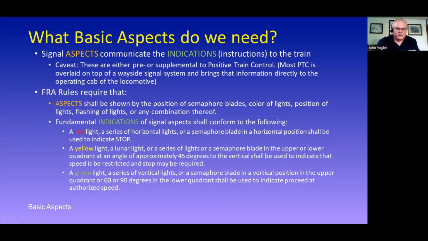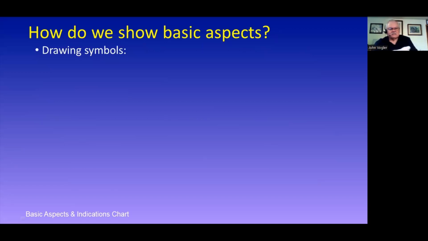And a green light, or a series of vertical lights, or a semaphore blade in a vertical position in the upper quadrant, or 60 to 90 in the lower quadrant, shall be used to indicate proceed at authorized speed. So you can't really deviate from these. If you do, it would require an exception to the rule, and FRA doesn't give those out freely. So let's proceed with our design now.